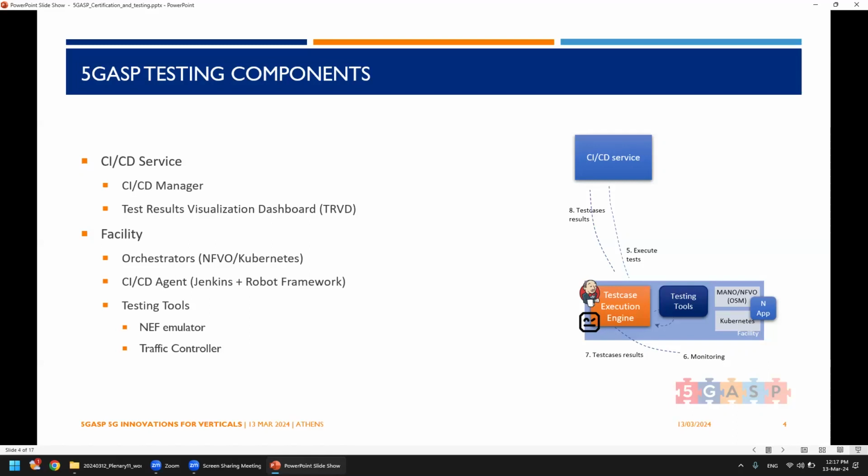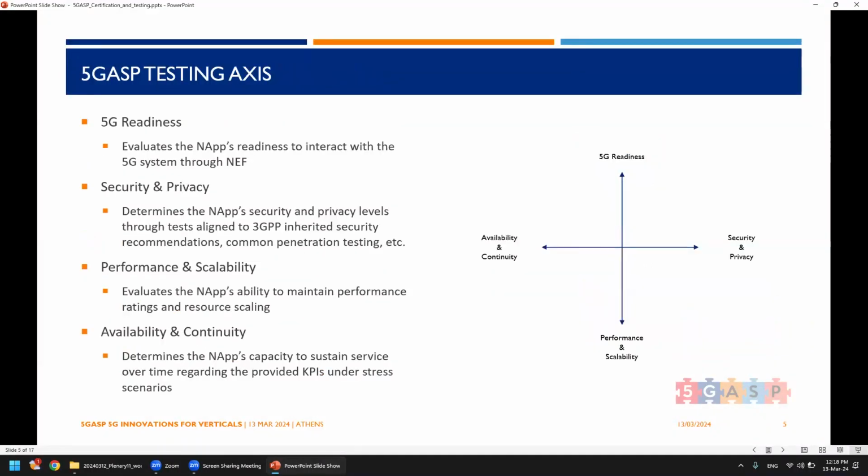There is a test execution engine, which comprises Jenkins along with the Robot Framework, a quite common testing framework that executes the tests based on the test descriptor provided by the CI/CD service. And there are some supplementary testing tools like the NEF emulator that we have just seen and the traffic controller. We'll see more of them in depth in the next slides.